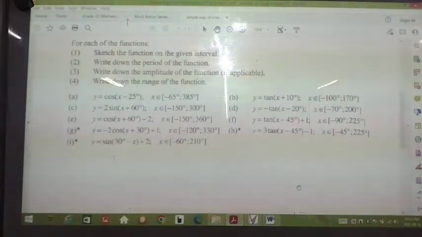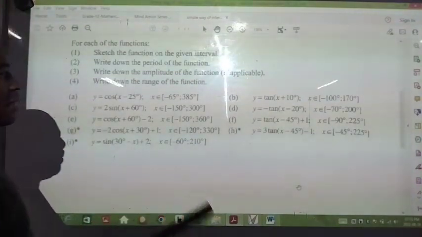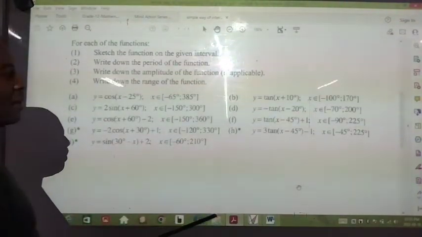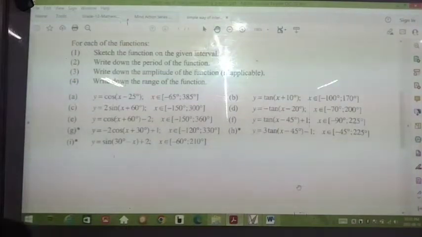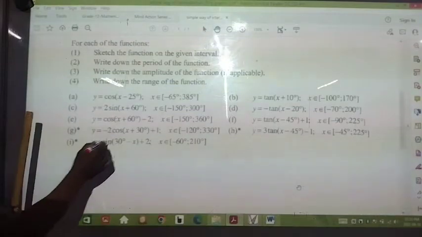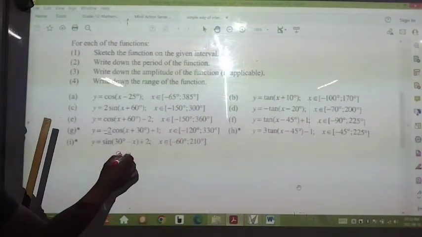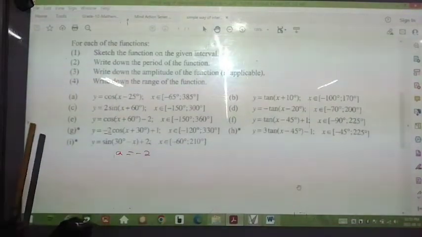Maybe you are having a question to say, what if a question is like G? On G, we are having 3 parameters. We are having our A, which is -2.